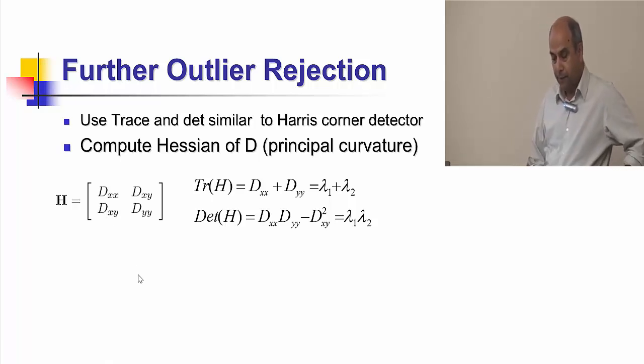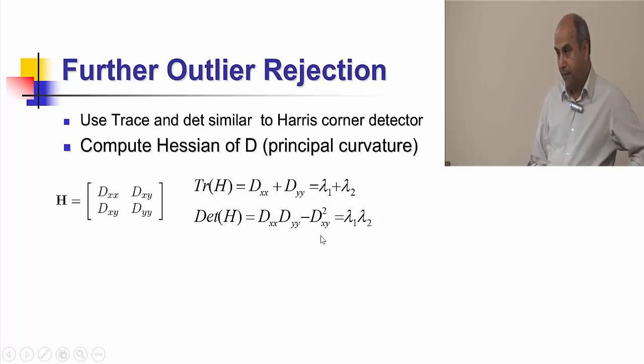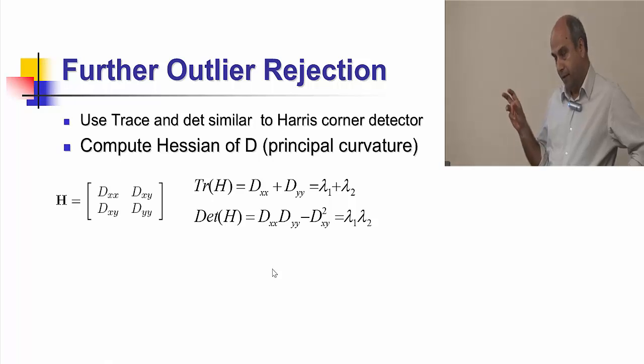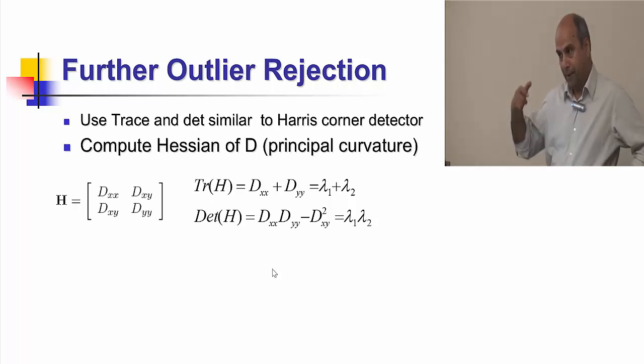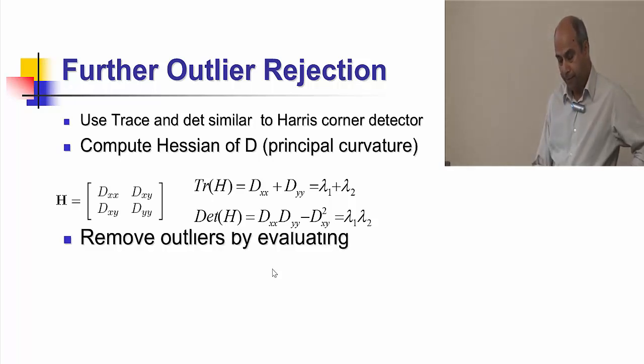As we have talked about, the trace is the sum of eigenvalues of this matrix. The determinant is the product of these eigenvalues. Okay, so looking at the trace and determinant, you can find the ratio of eigenvalues compared to actually computing the eigenvalues and eigenvectors.